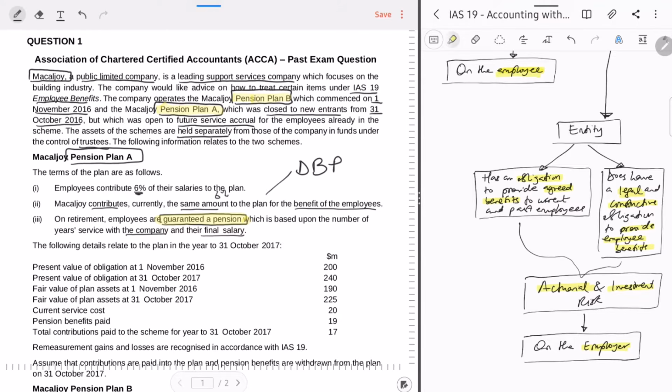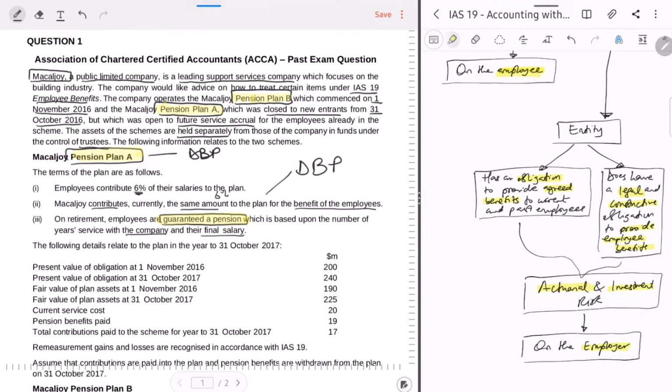Remember we said under defined benefit plan, the employer promises, guarantees you, has the legal and constructive obligation to make payments to you, even if the pension fund does not have enough funds to satisfy you. So this is a defined benefit plan. So we know that Macau Joy's pension plan A is a defined benefit plan.